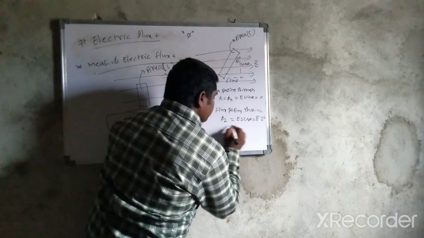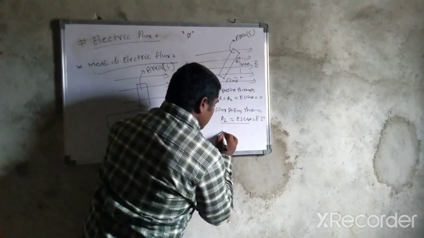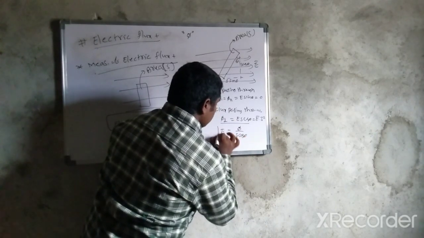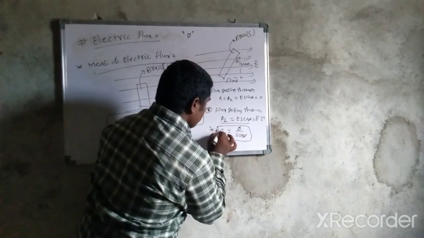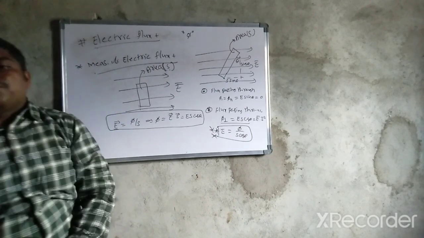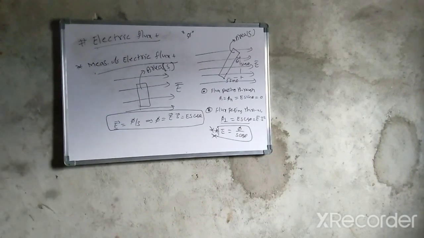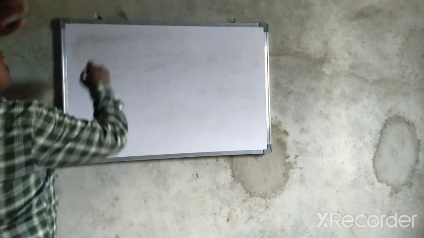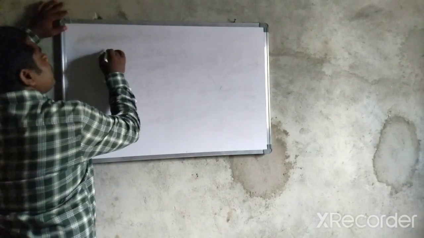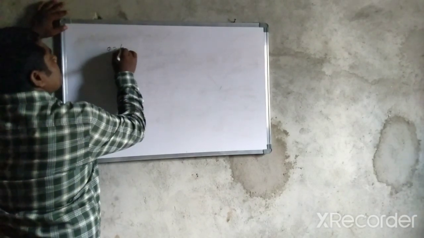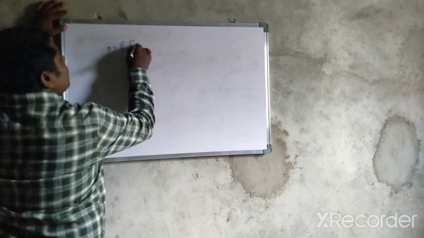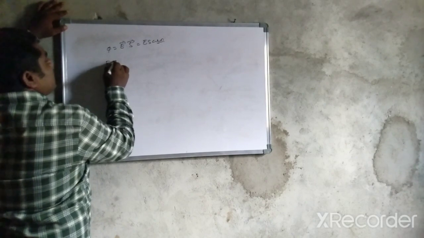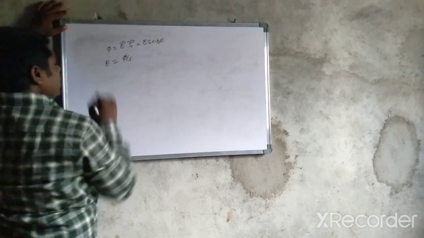From this, the electric field is equal to flux divided by S cos theta. This is another important formula. So electric flux is equal to E bar dot S bar, that is E S cos theta, and electric field is equal to phi divided by S.